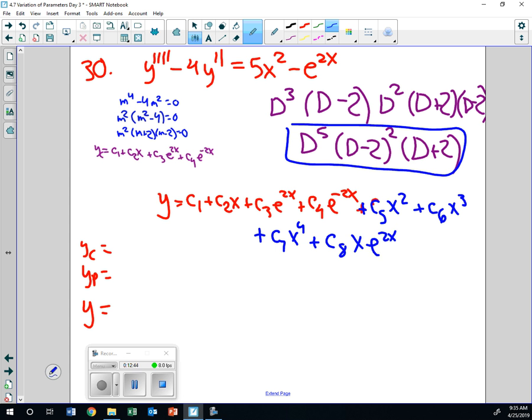Do I need a c9 x e to the negative 2x? Nope, because that's still to the first power. This is my yp. yp is going to be ax squared plus bx cubed plus cx to the 4th plus dx e to the 2x. That's my yp.